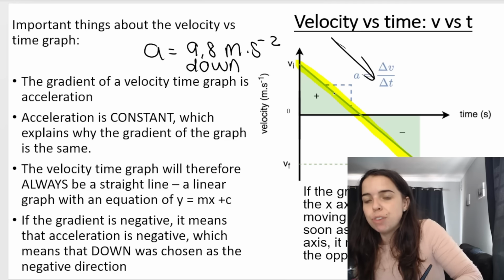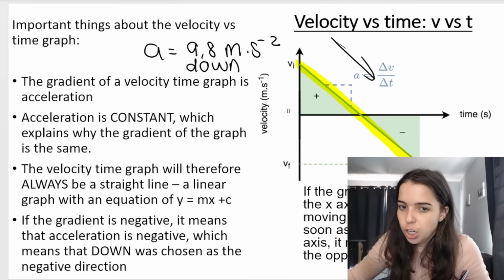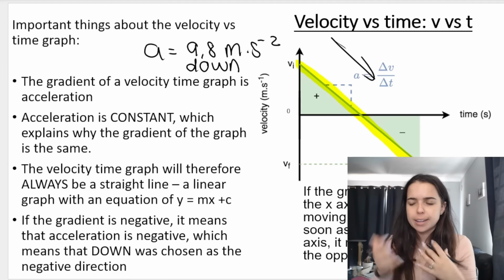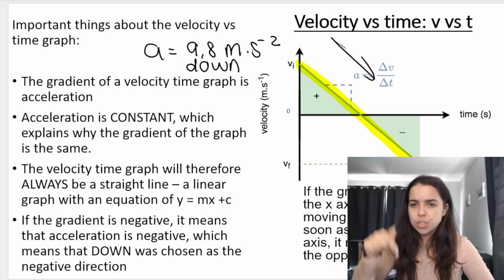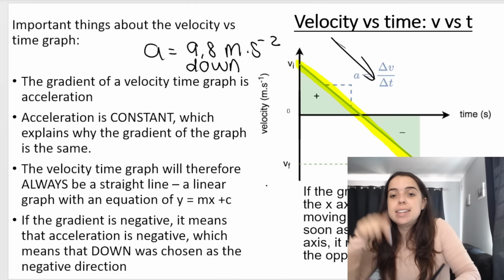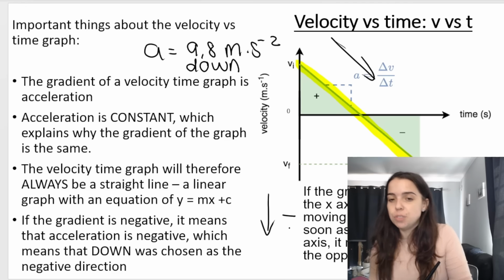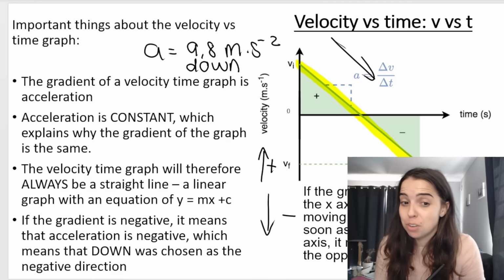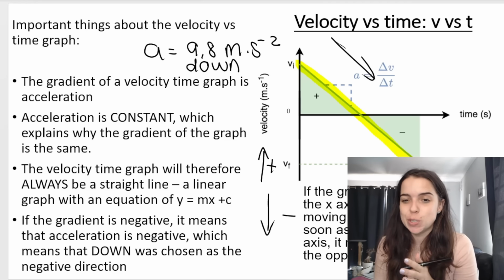And remember, the gradient is acceleration, which means that acceleration is negative. And acceleration is always down. So if acceleration is negative and acceleration is always down, that means that in this question, down is the negative direction, which means that up is the positive direction. That can be quite confusing, but I hope that that makes sense.